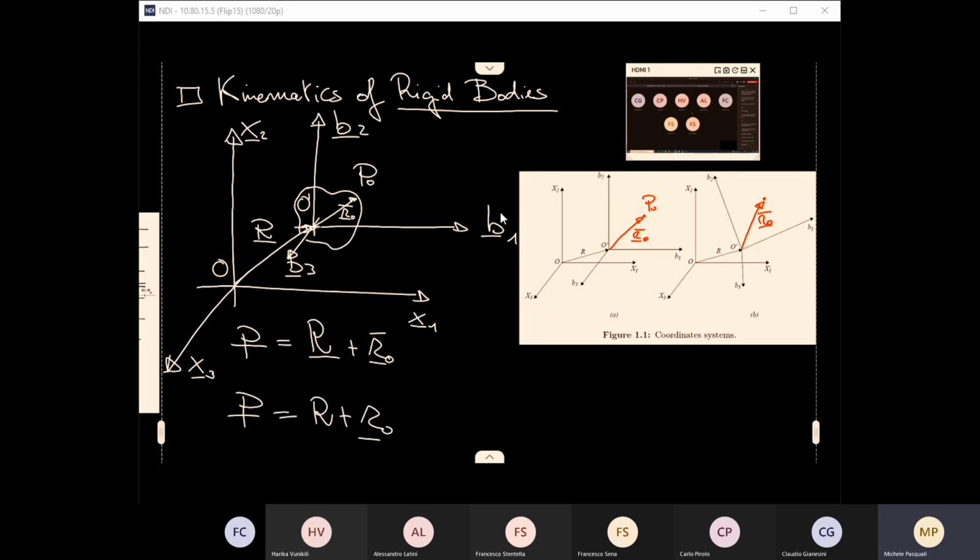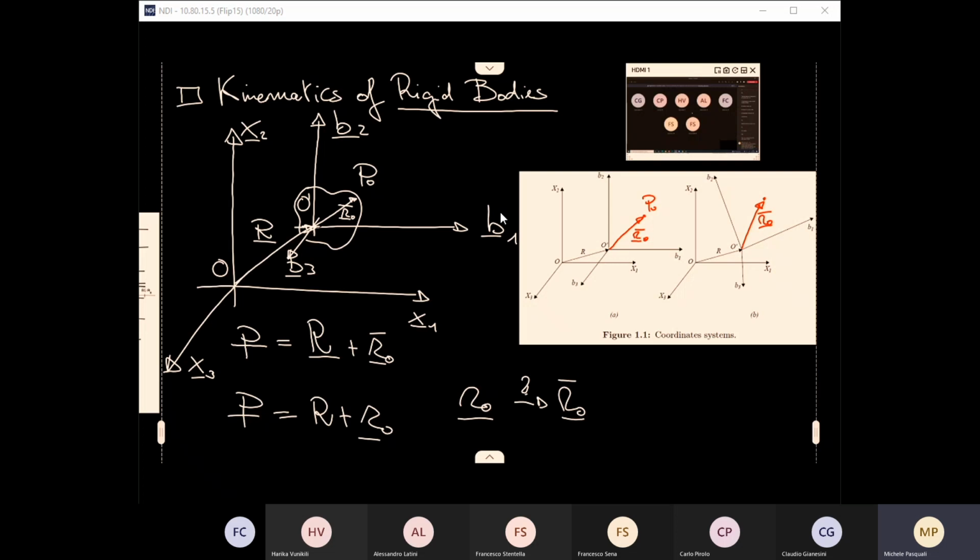What we will have to see is how R0 is related to R0 overbar. How can I actually describe this with respect to this? You will see that we have to find a rotation matrix, a matrix that applied to R0 overbar gives us R0 without the overbar.